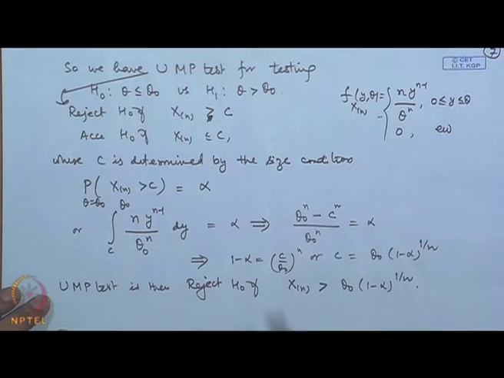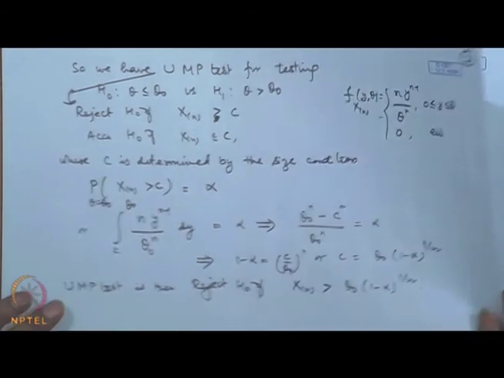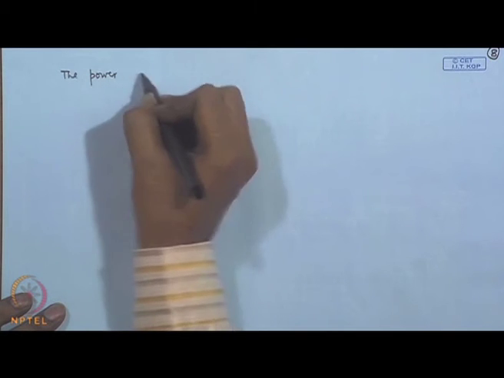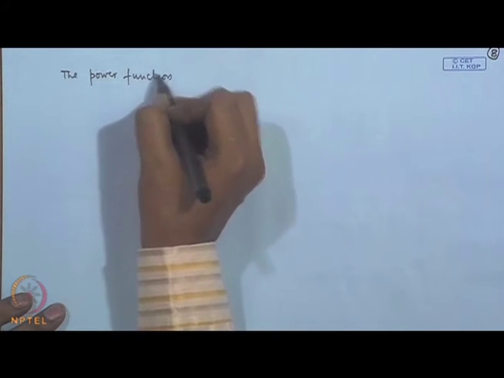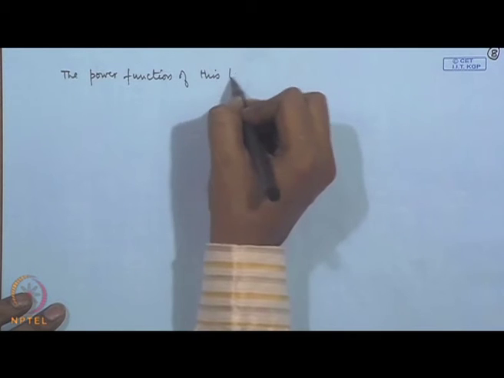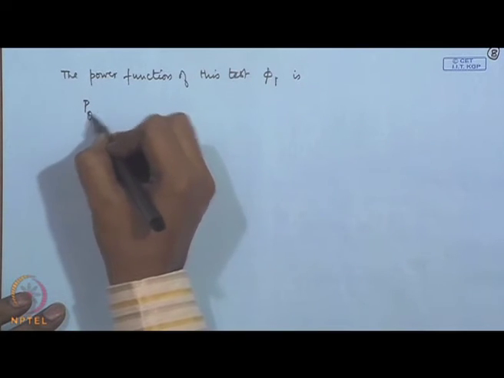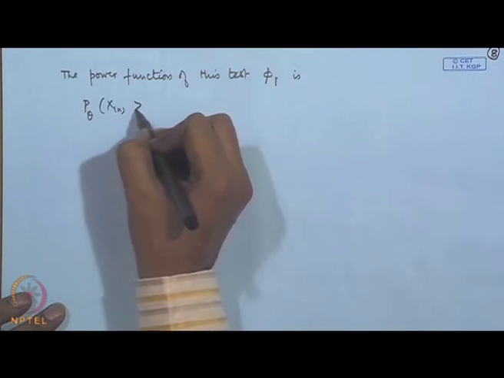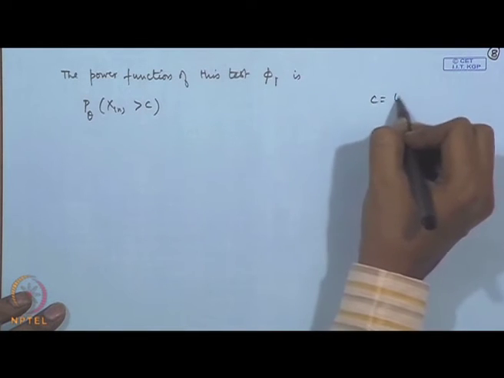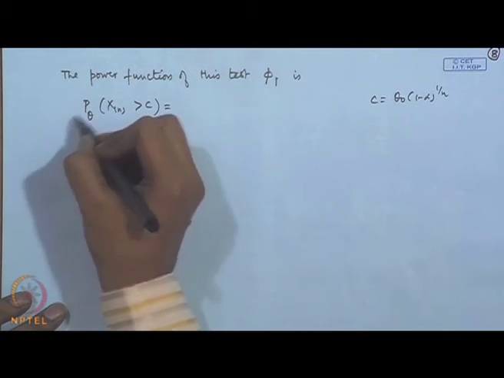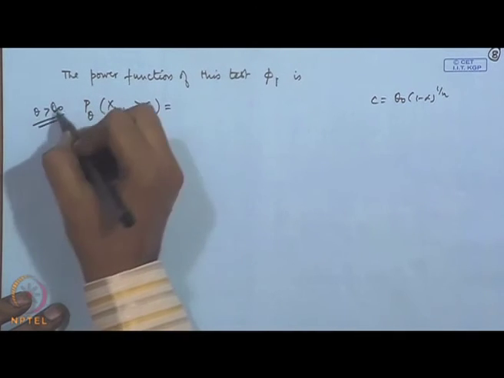Let me also demonstrate the power function for this test. Let me call this test phi 1. The power function is the probability of x(n) greater than c, where c is theta naught times (1 minus alpha) to the power 1 by n, and here theta is greater than theta naught.